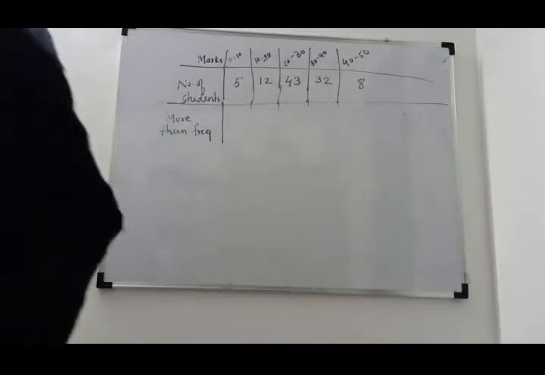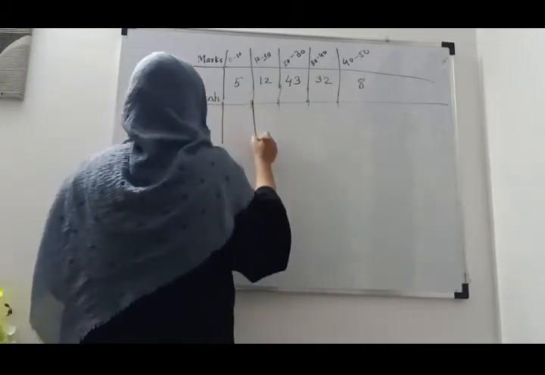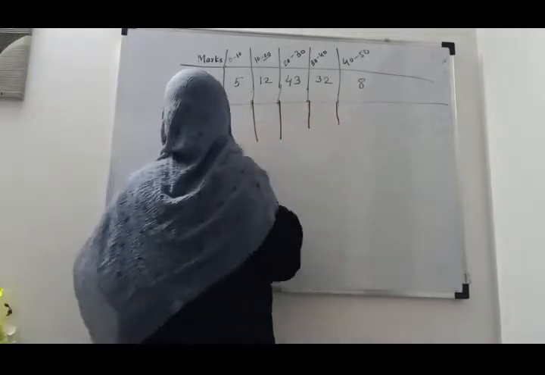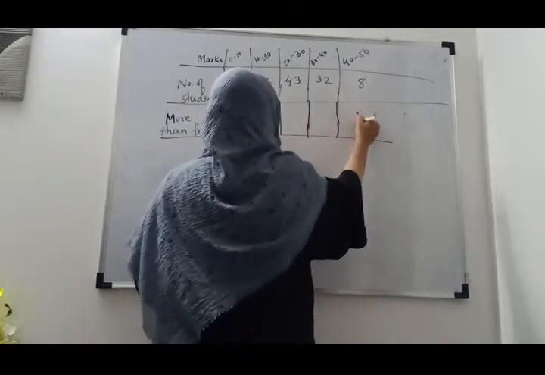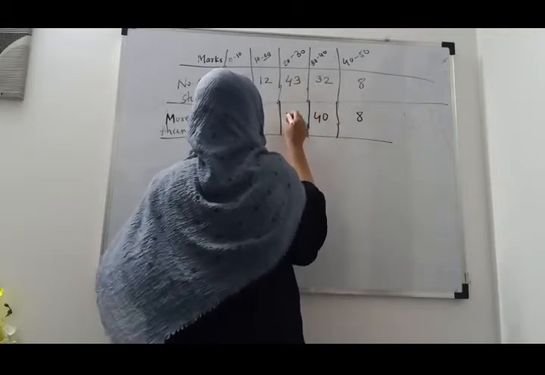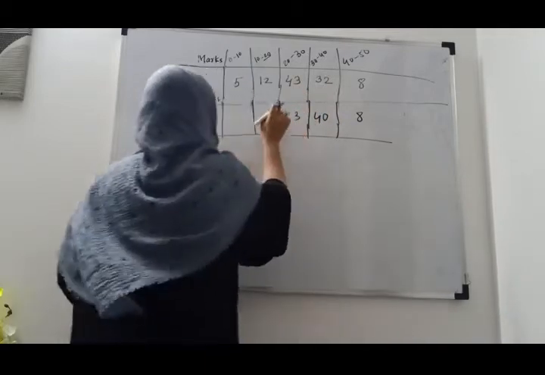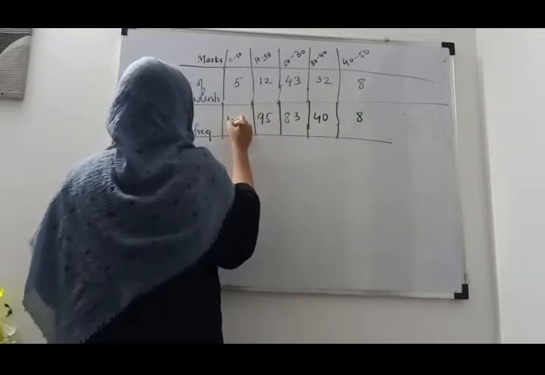So first we will take more than frequencies. Okay, so for that we will start with 8. Okay, 8 plus 32, 40, 40 plus 43, 83, 83 plus 12, 95, 95 plus 5, 100.